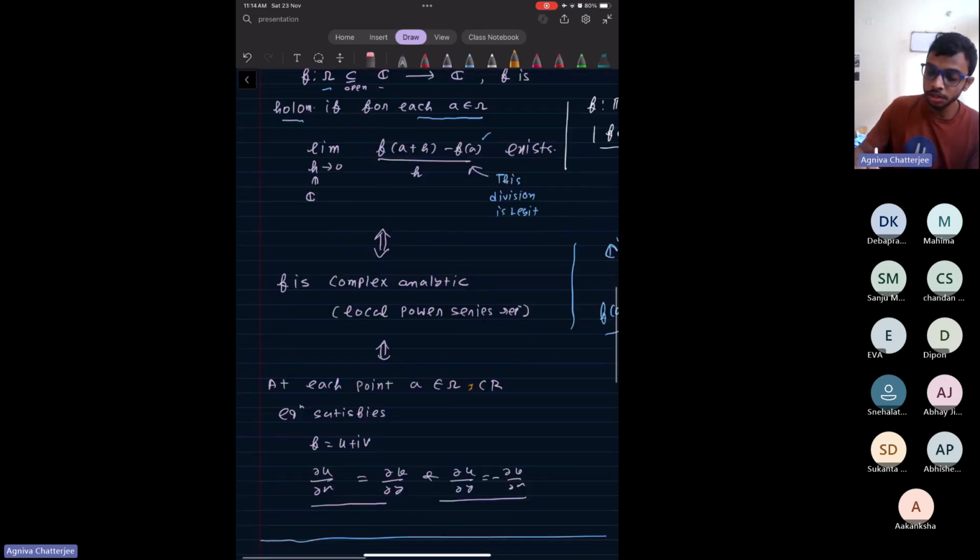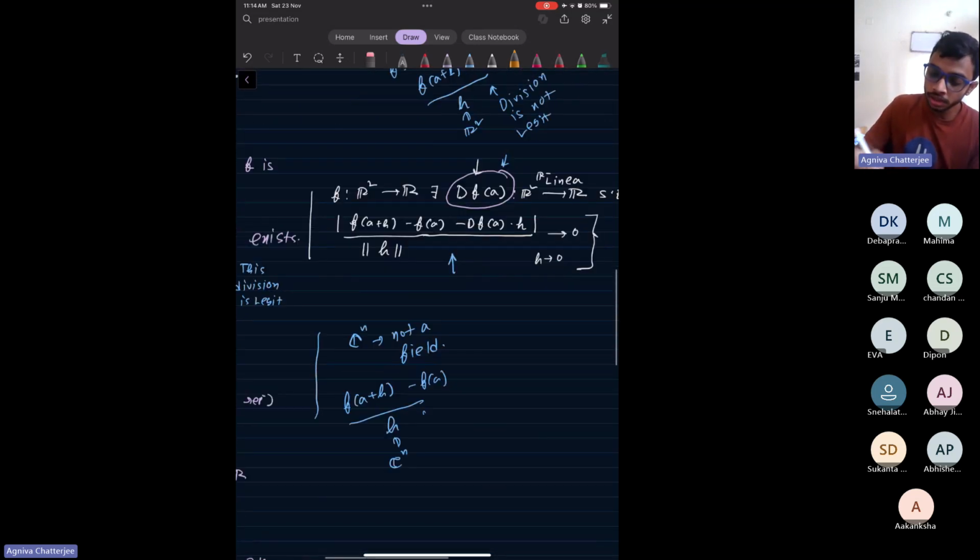As I already presented, you bring in this R-linear map, which just consists of the partial derivatives, and then say that this quotient goes to 0. So if I want to mimic this definition in higher dimension in Cn, the natural change I would make is to just replace R-linear by C-linear. That's it.